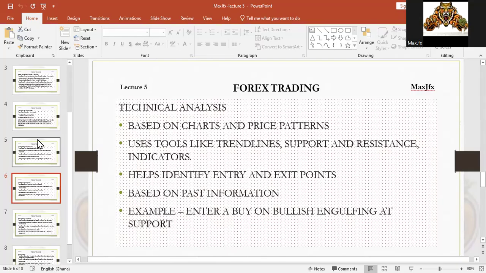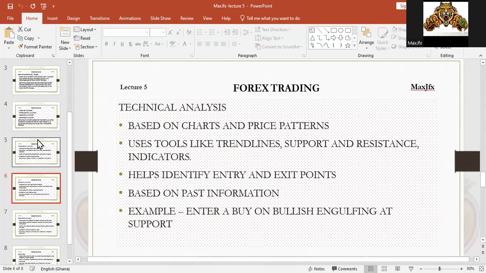So technical analysis. I would say that if you don't know technical analysis, then it will be difficult for you to enter into a trade, because for you to enter into a trade, something must show that yes, at this point I can enter.